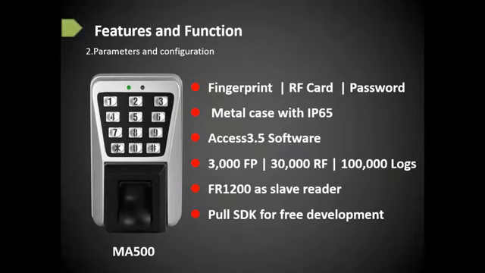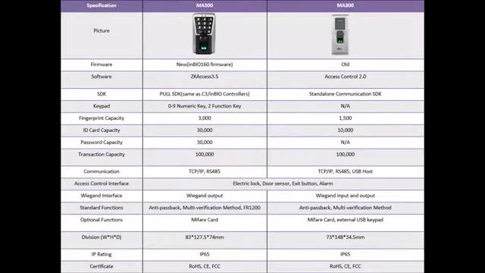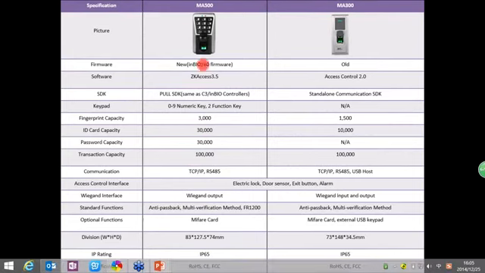Okay, so let's compare the MA500 with the MA300. You will have a better understanding of the differences between these two devices. So let's view first. The MA500 uses the new firmware, the same as the panel controller, the inbuilt firmware, and this uses a standalone SDK.